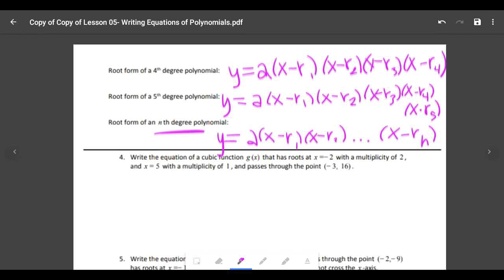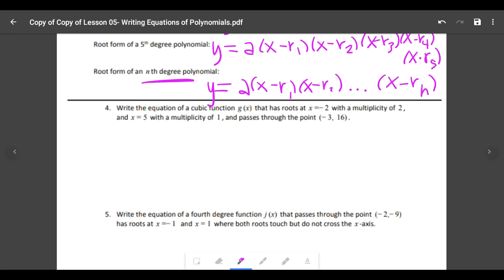Here we're going to use this idea and work backwards from the roots they give us. So write an equation of a cubic function. If it's cubic, I know it has the potential to have 3 parentheses.